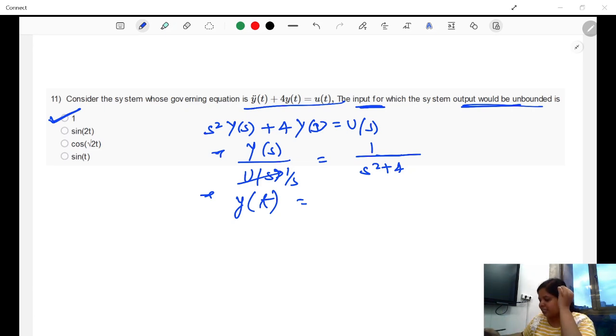Can someone tell me what would be y(t)? I want you to solve this. There is a shortcut way of telling this answer of sine 2t because you know what the poles of the system are. But I want to come to it after you solve it on your own. So please tell me what is y(t) here.